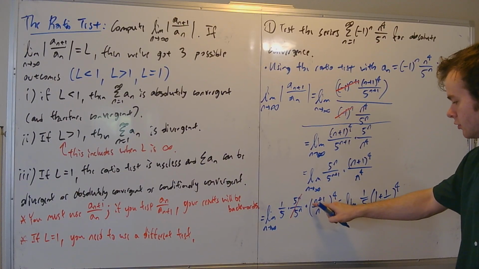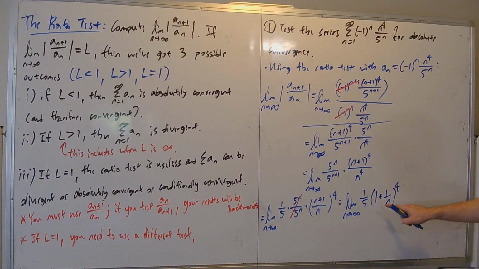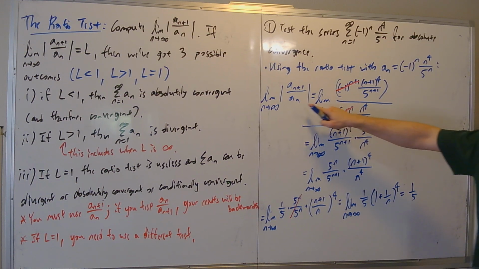The other way of seeing it is you just divide both of these things by n, you just distribute this thing, and then you get here. Right. And now if n is going to infinity, this fraction is going to 0, so you're going to get 1/5. So 1/5 is your answer here.